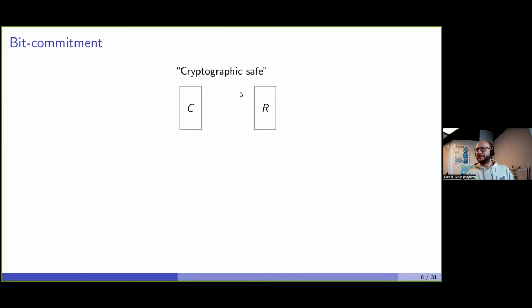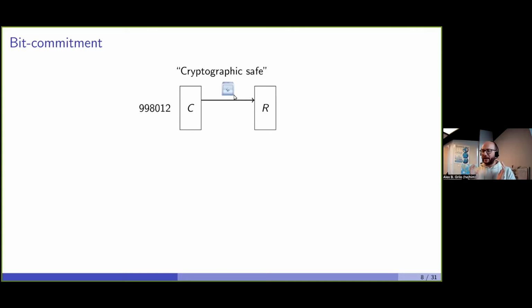Bit commitment is some sort of cryptographic safe. Imagine that you have 2 parties, the committer and the receiver, and the committer holds a message M and puts it in a safe and sends it to the receiver. At this point, the receiver does not know the message M, but the receiver knows that the message M is inside the safe.